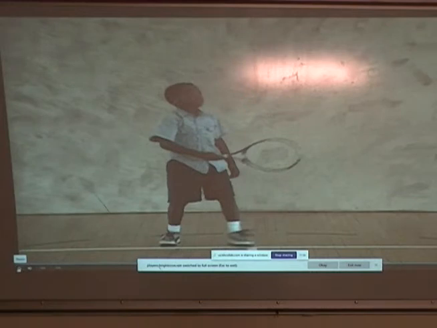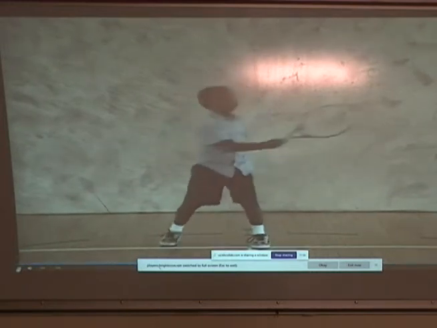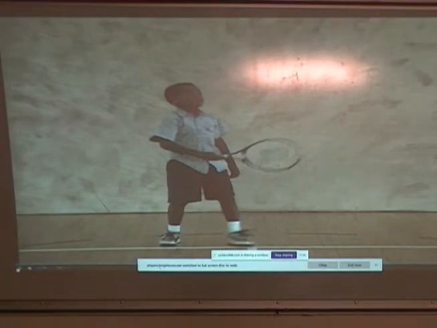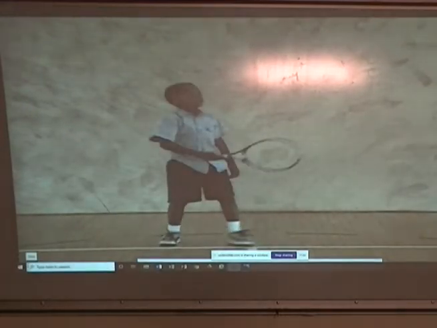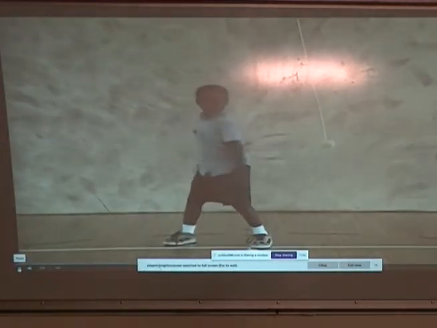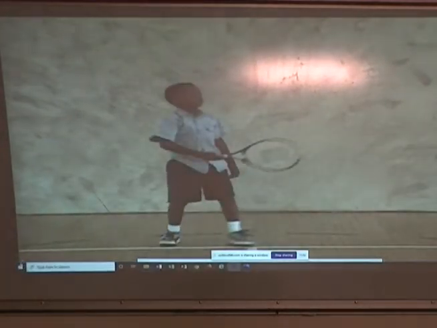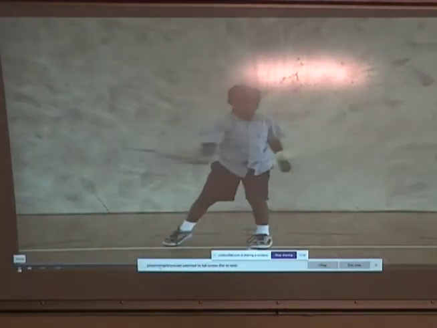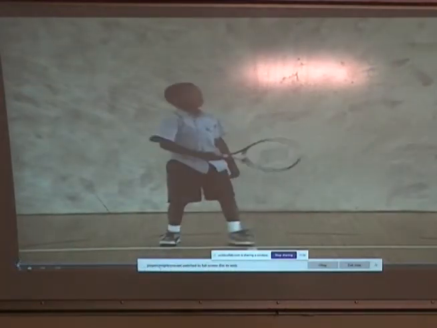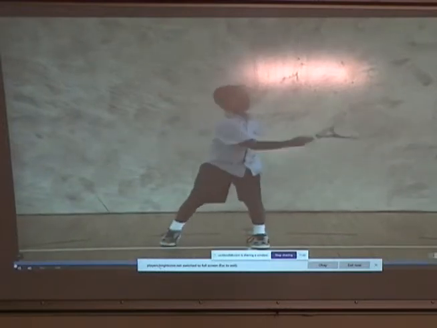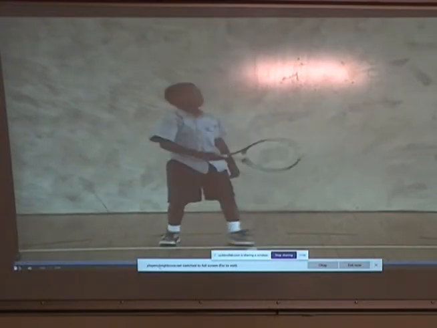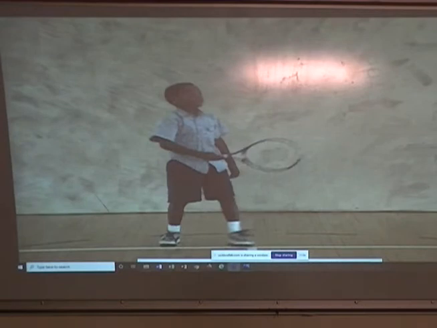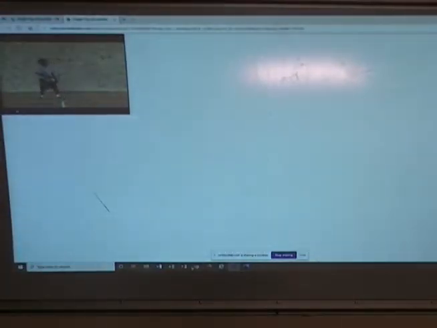So although he hasn't taken a step exactly, because of the way this is set up, and he's hitting a ball that's just kind of hanging there for him, you can see he is side on to the ball, and he has his opposite leg forward, right. So you can see the change there between those two pieces of video.